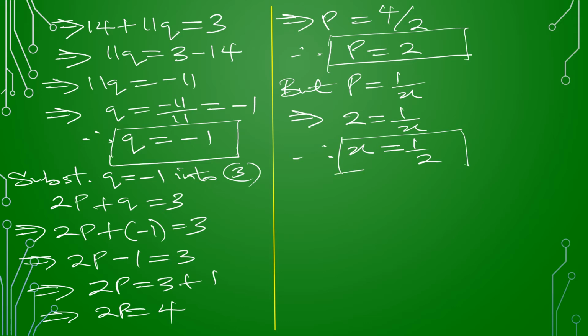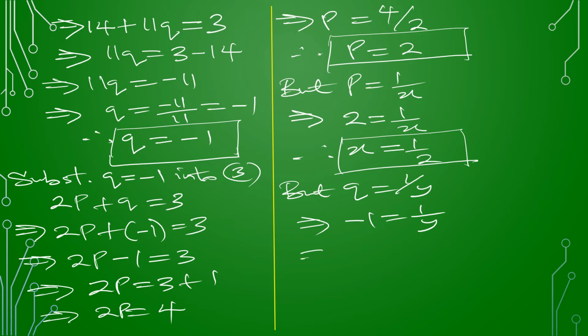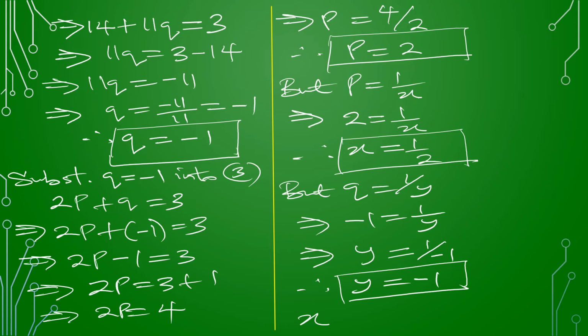So this is the final answer for X. And we also know that Q is equal to 1 over Y. It simply means if you make Y the subject of the formula, we have that -1 is equal to 1 over Y. Making Y the subject of the formula, we have that Y is equal to 1 over -1. Therefore, our Y is equal to -1. So this is the final value of the X and Y. So our X is equal to half and Y is equal to -1.